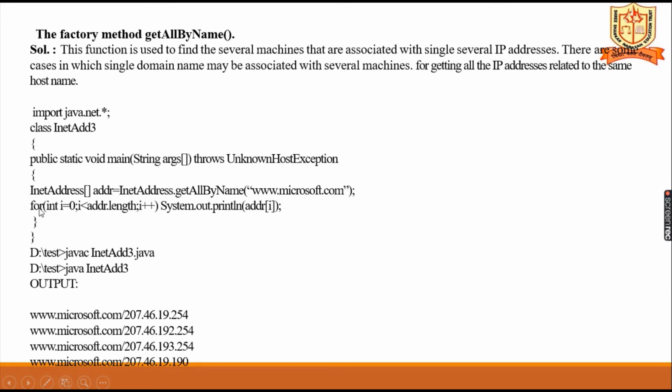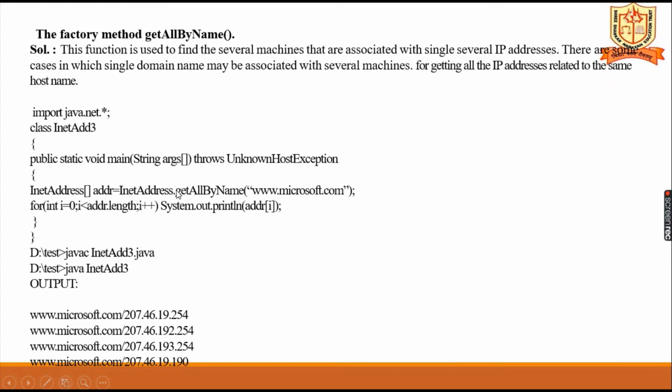To retrieve these IP addresses, we use this for loop: for int i equal to 0 and i less than addresses.length, i plus plus, System.out.println the array of addresses. That will retrieve all of them. So all these four machines are connected to Microsoft.com.